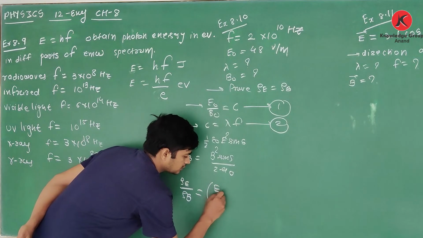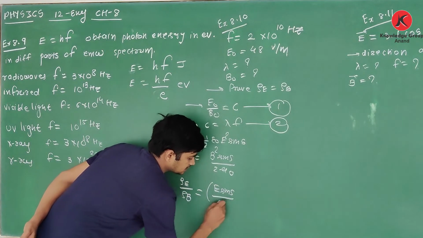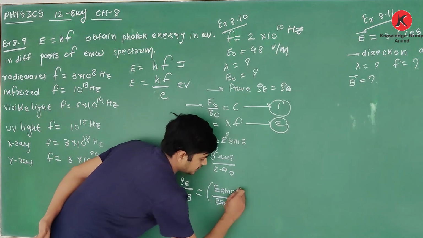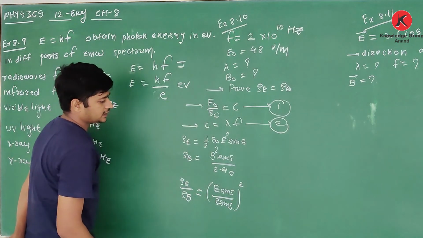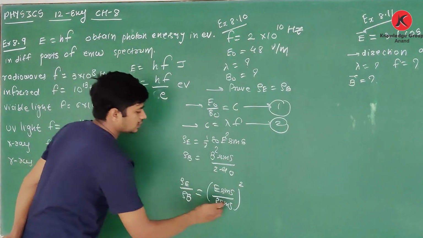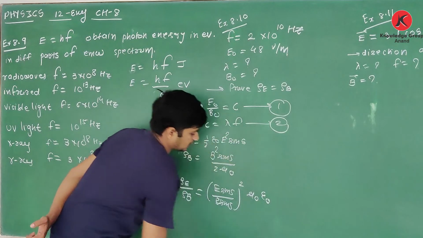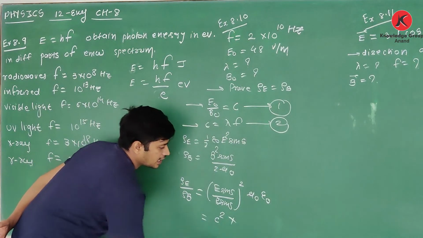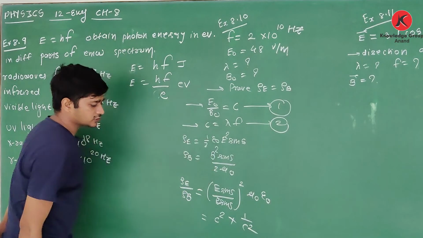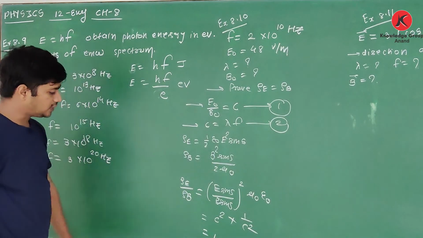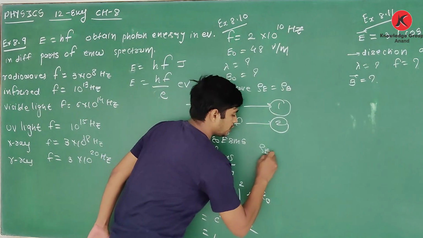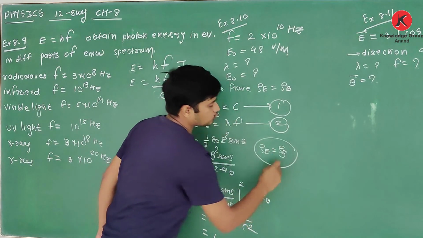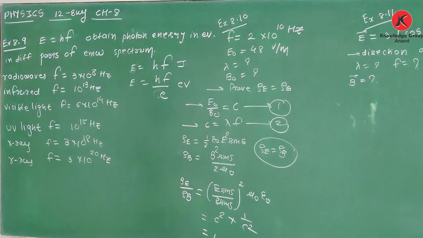It is E RMS upon B RMS whole square, and here it will be epsilon 0 times mu 0. E RMS upon B RMS is nothing but C, so it is C square, and mu 0 epsilon 0 is also 1 upon C square, so it is 1. From this you can say rho E is equal to rho B. It is one simple question.